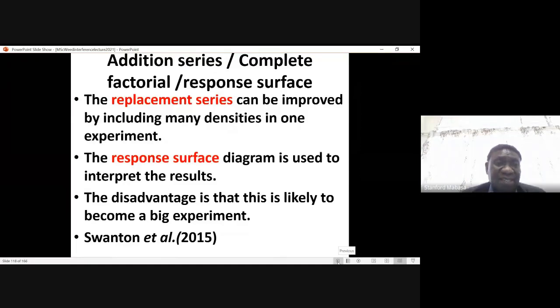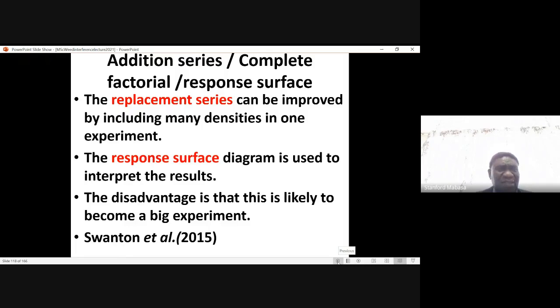Yesterday we were talking about the replacement series approach. We said that with the replacement series, you are using one density.